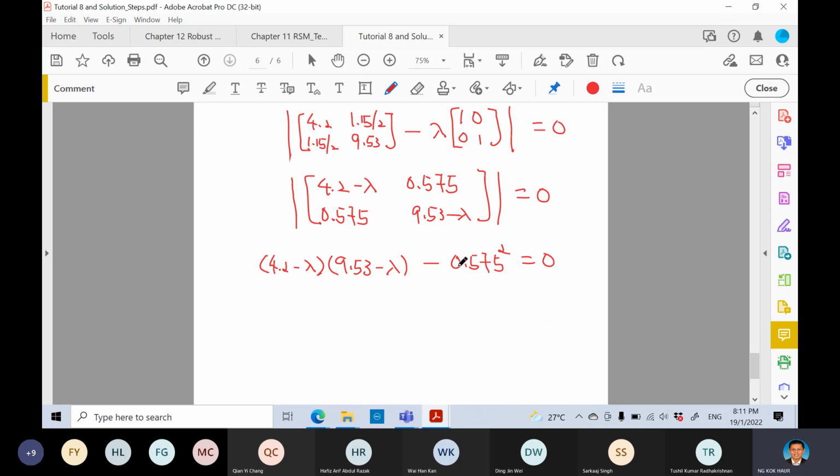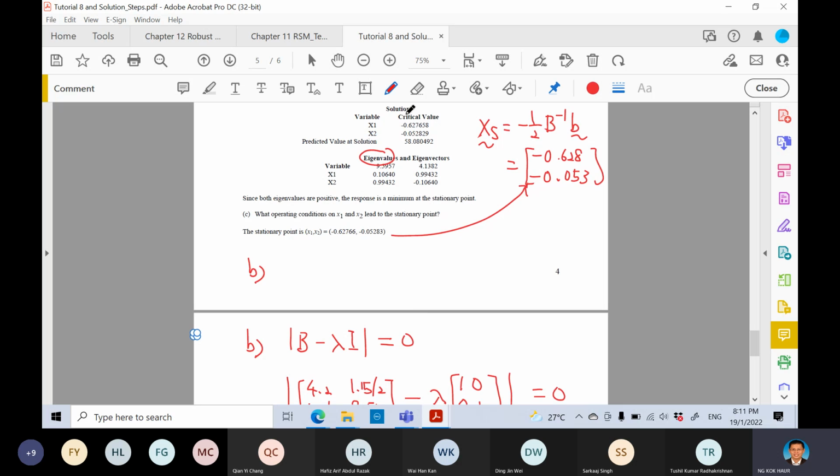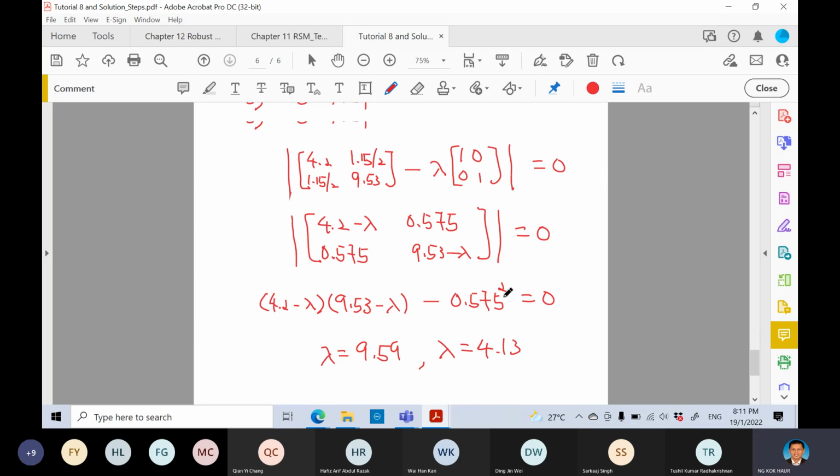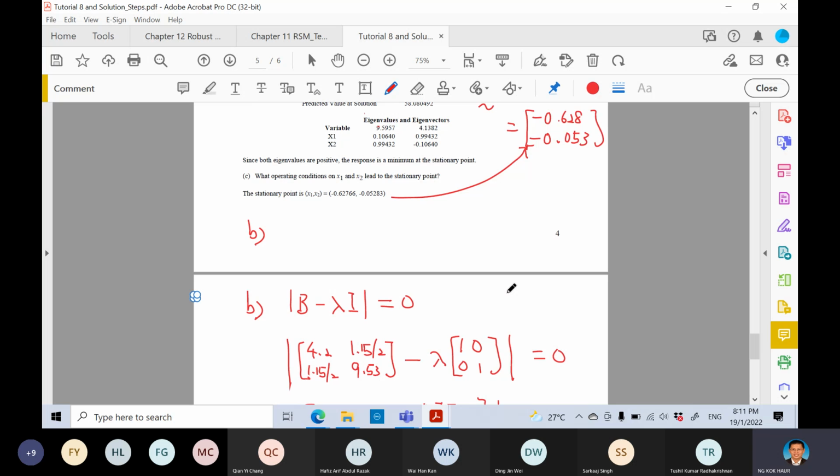You solve this quadratic equation, and you get lambda equal to 9.59, and another lambda equal to 4.13. So this is showing you here 5.53 and 9.59, and lambda is 4.13 here.